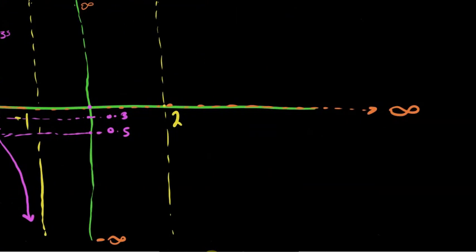What's the graph's behavior in the region at x equals 3?